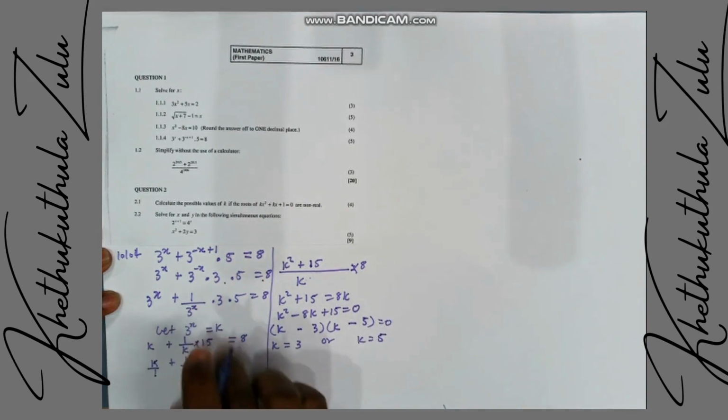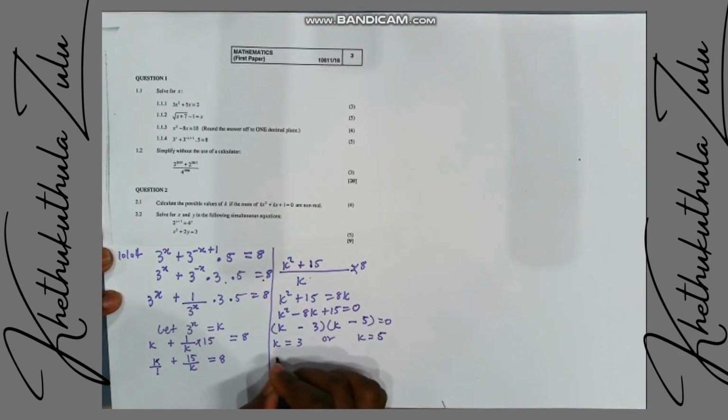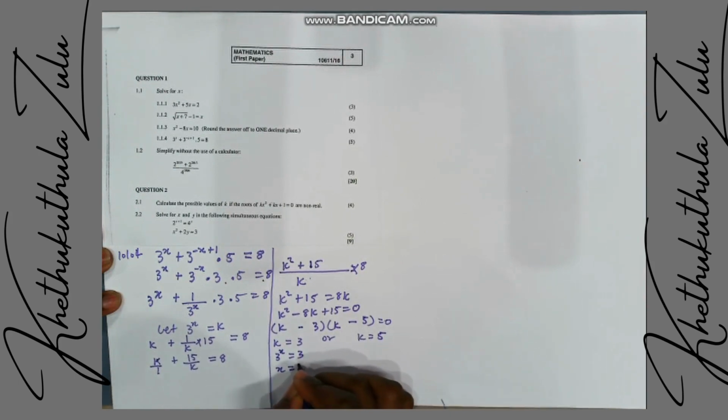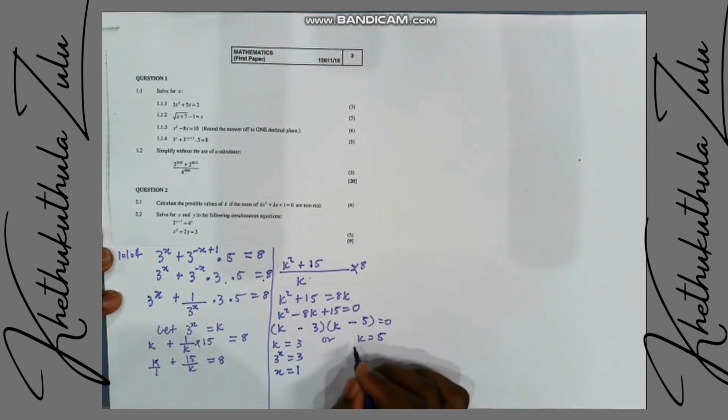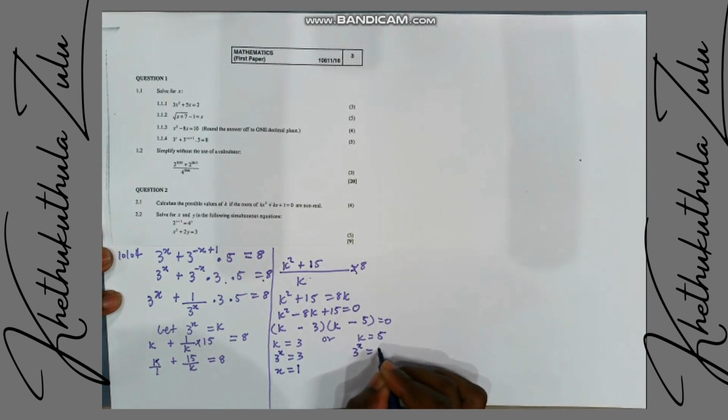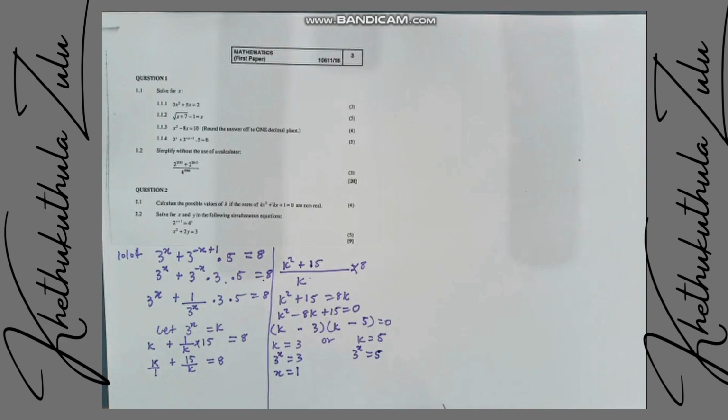But we set k is equal to 3 to the x, so it's equal to 3. Same base, drop the exponent, then x is equal to 1 here, then 3 to the x is equal to 5. We can't make 5 and 3 be the same.